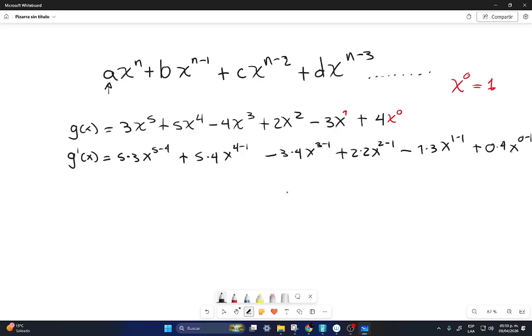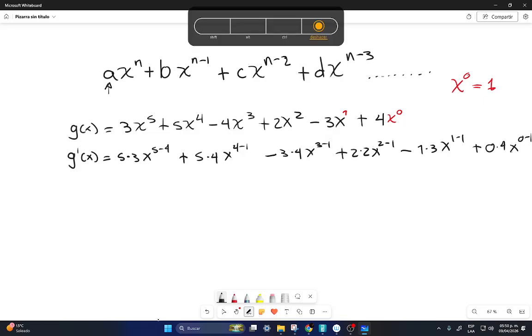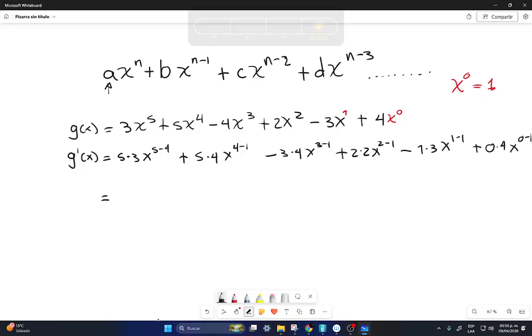Okay, here, especially in the last two terms, some things that are worth noting happen. But let's get simplifying this in order.